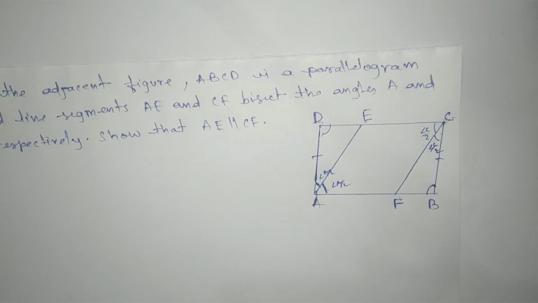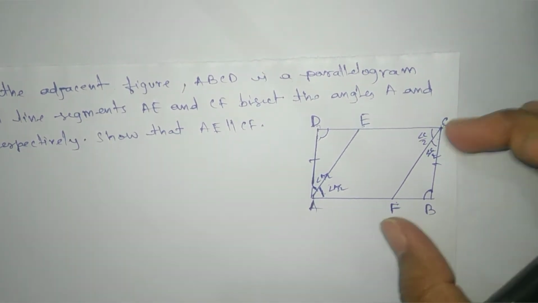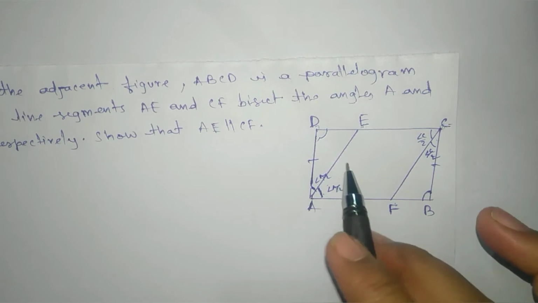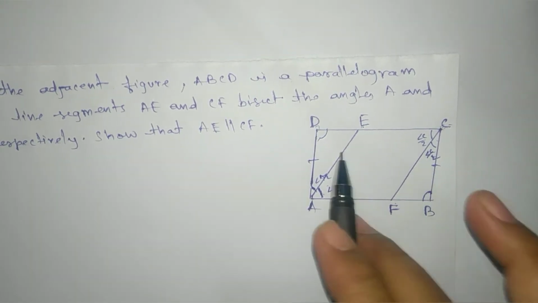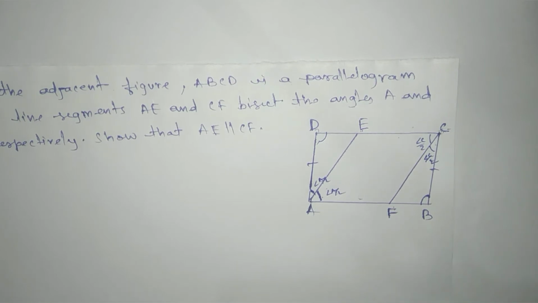To show that, if we show that AE equals CF, and another pair of opposite sides are parallel, then we can say that it is a parallelogram. Very simple concept we're going to use here. So now we're going to proceed and check it.